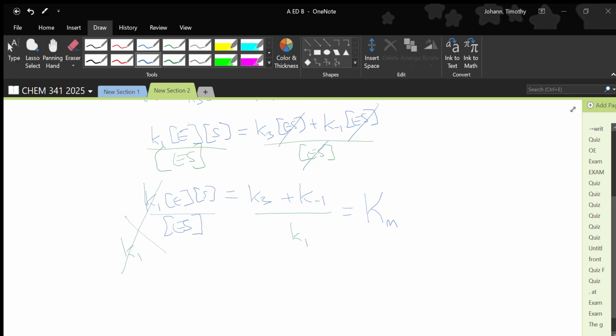Now I don't know if you remember this from general chemistry, but if I have a reaction, let's say A plus B goes to C, and it's a reversible reaction like this, and so I have a Kc and a Kab. I can write my equilibrium constant for this reaction as products over reactants, right?